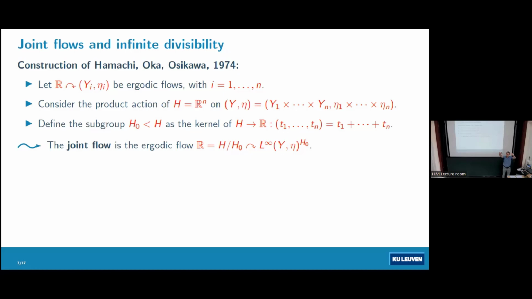That is of course generating this kernel, and this is like saying that you look at the largest factor where the action on any of the variables is the same action. So whether you translate by t in the i-th variable or in the j-th variable, by construction, in this factor, this is the same action. So that's where it gives you a natural flavor of it.